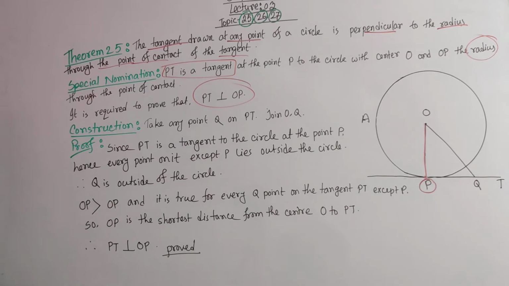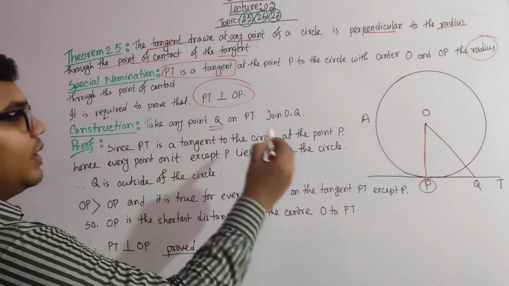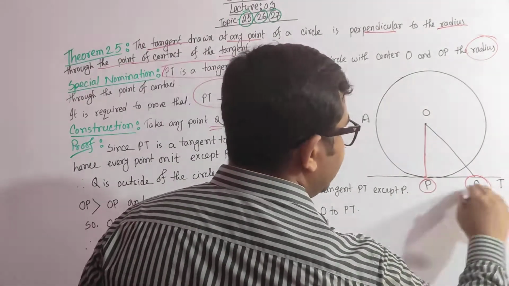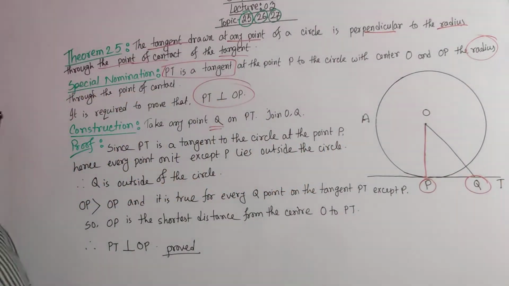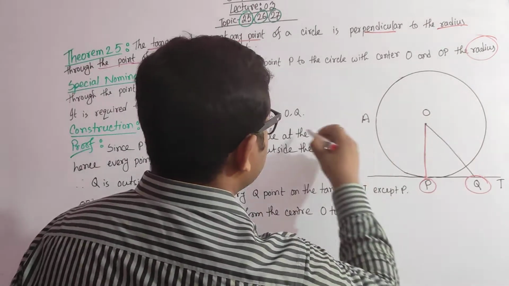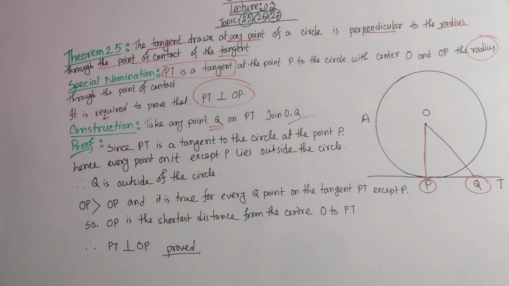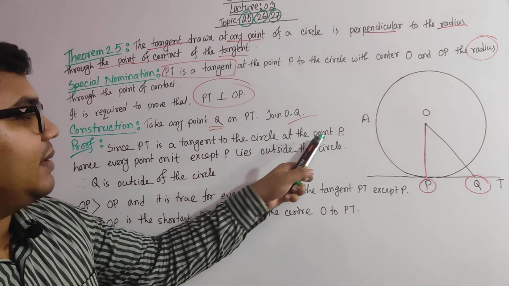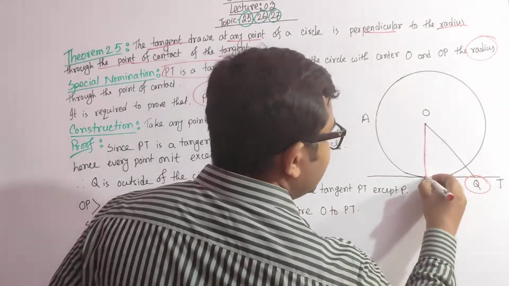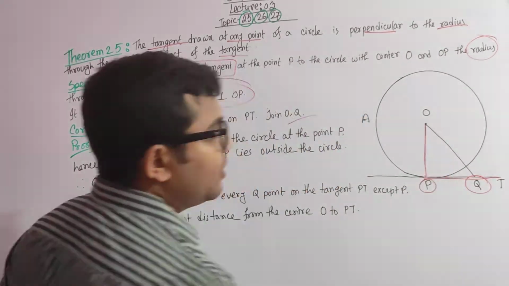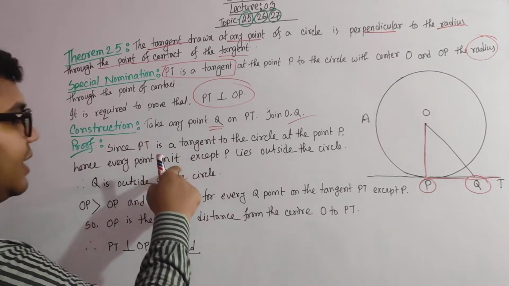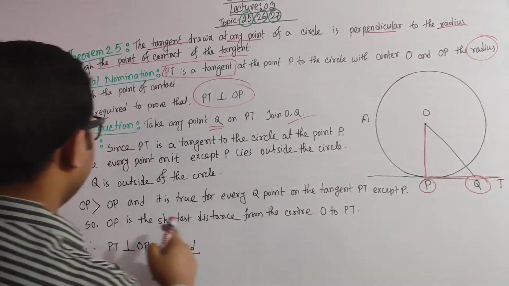Now the construction part says take a point Q on PT, and OQ must be joined. Now our proof part. Since PT is a tangent to the circle at the point P, every point on it except P lies outside the circle.